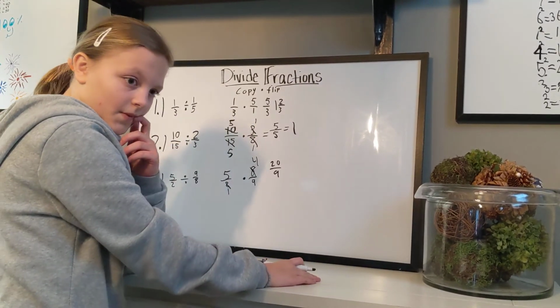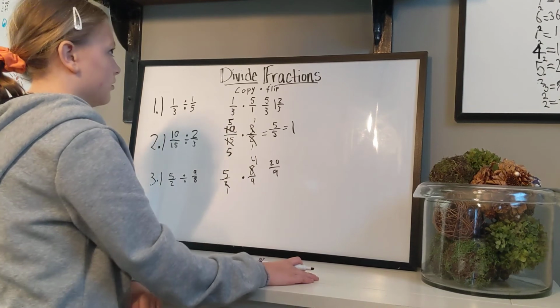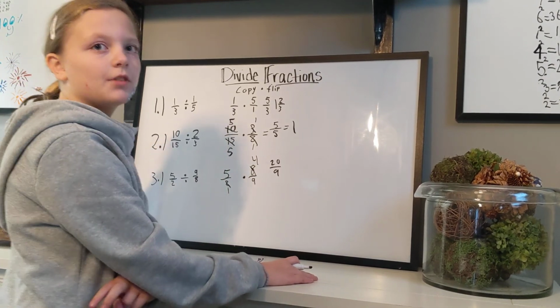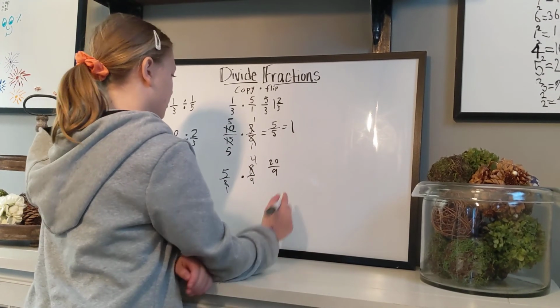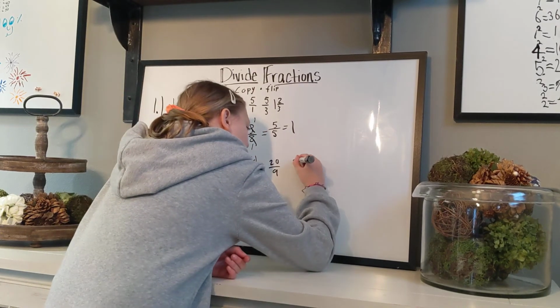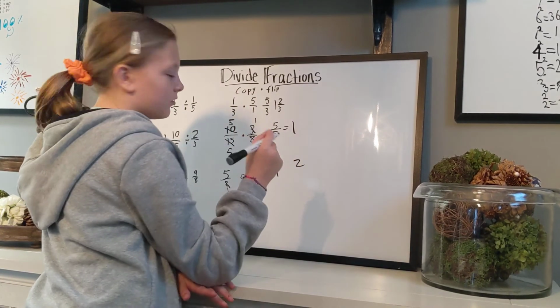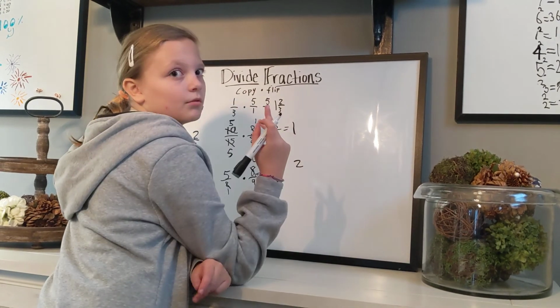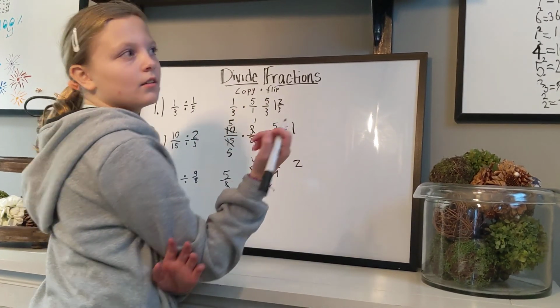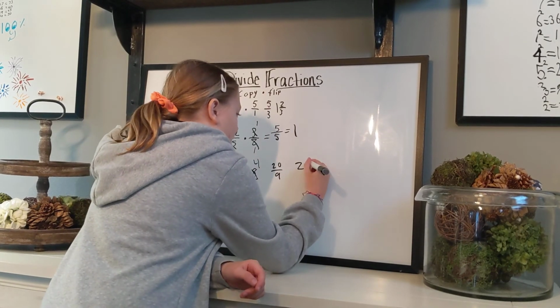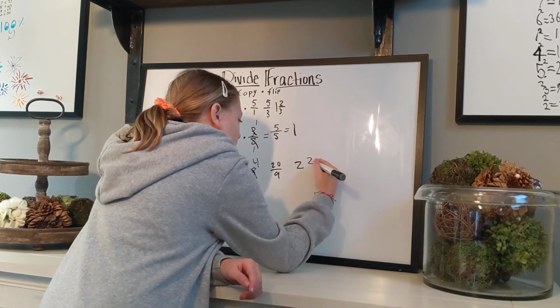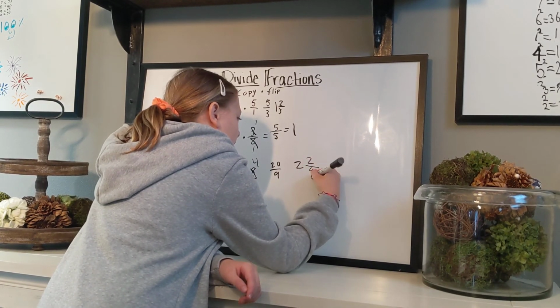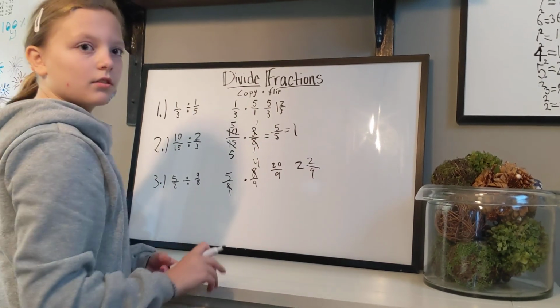How many times does 9 go into 20? 2 times. So write a big 2. And how many is left over? Well, 9 times 2 is 18. So then you get 2 left over. So 2 and 2 over 9. Great job.